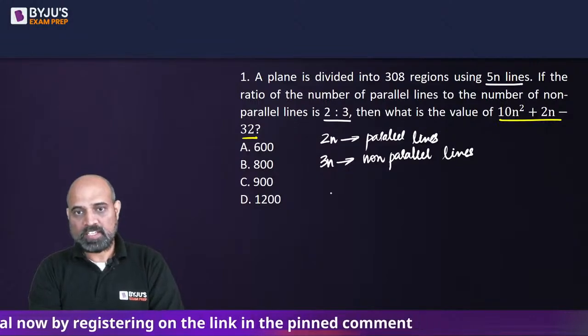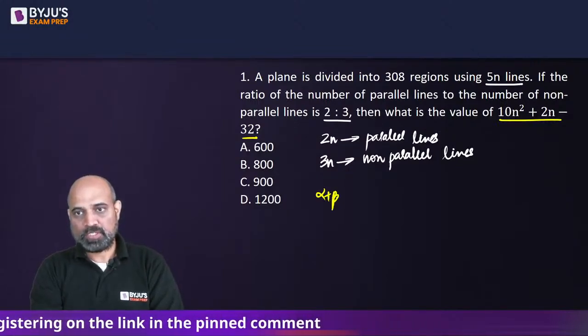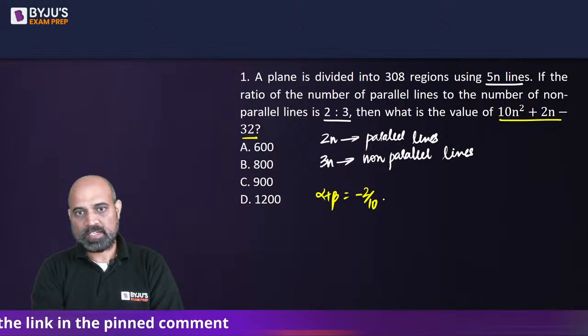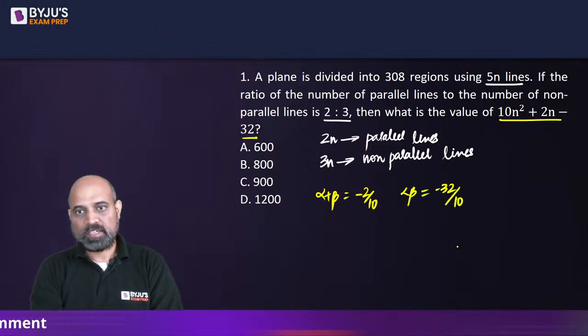So here the sum of the two roots is minus 2 by 10 and the product of the roots is minus 32 by 10.